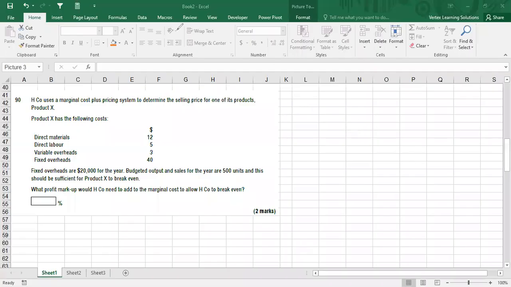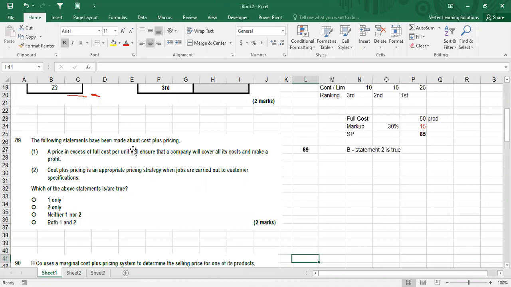Okay, this is question number 90. Very simple question, but this is fundamental for your understanding of break-even. They ask us that each company uses a marginal cost plus pricing system, which means variable cost plus. You say marginal cost plus. In the previous question, it said cost plus pricing.